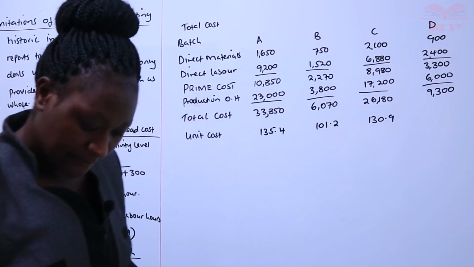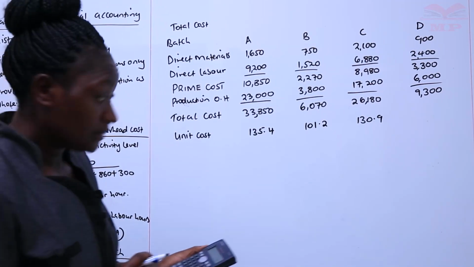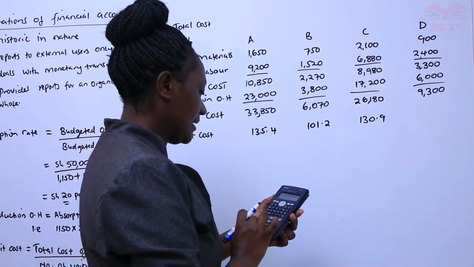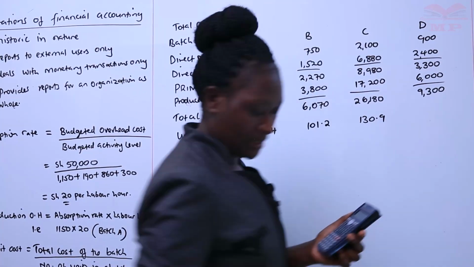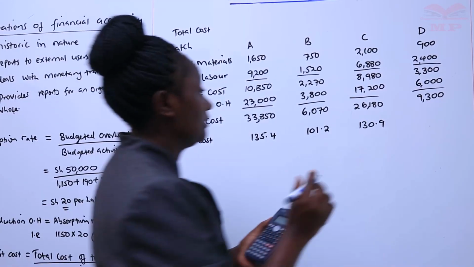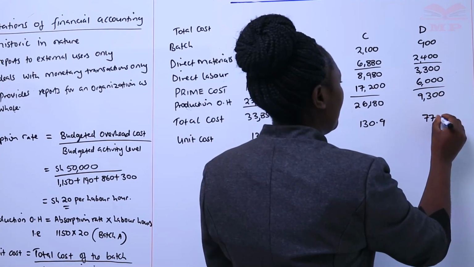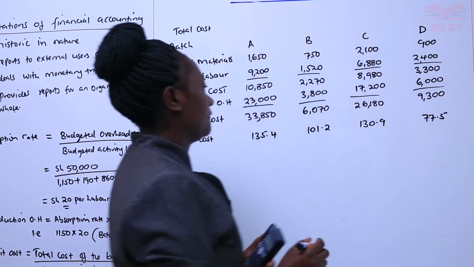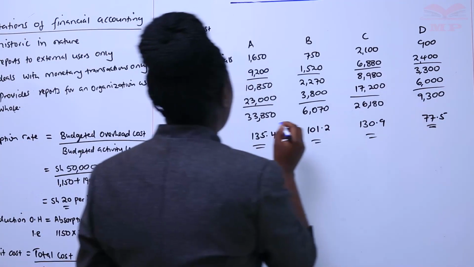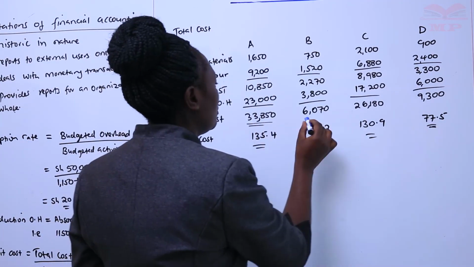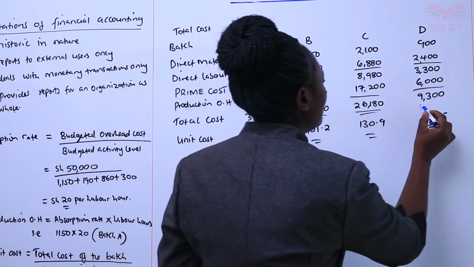And for D, it will be 9,300 divided by 120 units, which will be 77.5. And that's part 1 of this, and this is the total cost for the batch.